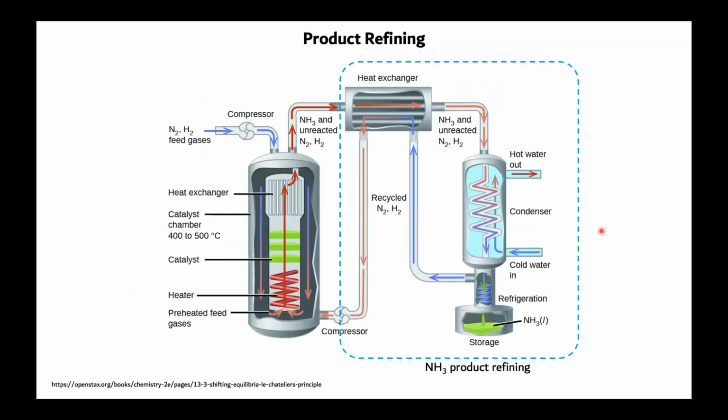Another example here is the reactor to make ammonia. We have the nitrogen and hydrogen feed gas. We increase the pressure with the compressor. It goes into the reactor here, and don't forget there is a heat exchanger and also a catalyst.